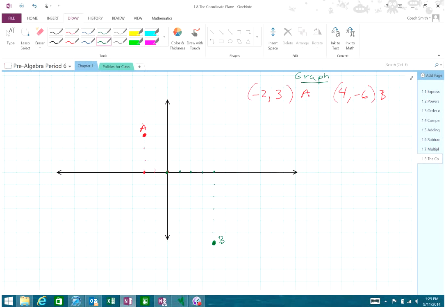All right, now. If you have this, let's say we had point 0, 5, and they're calling this point C. Okay, well 0, 5, we start at the origin, and that is 0.